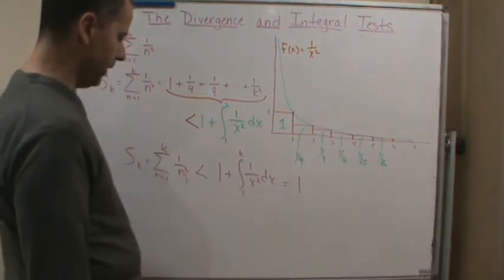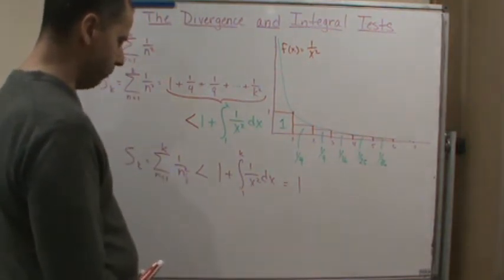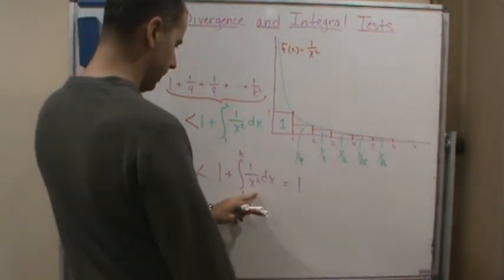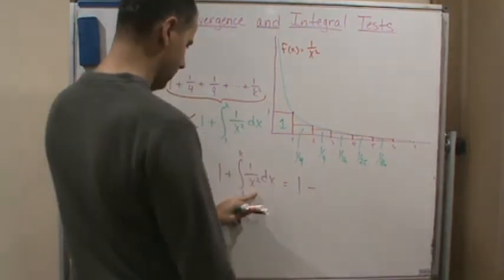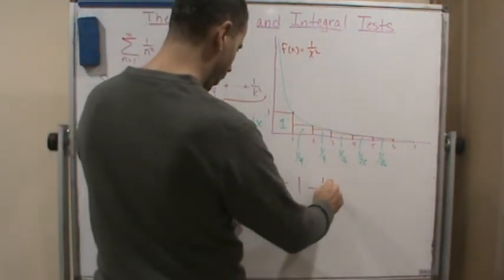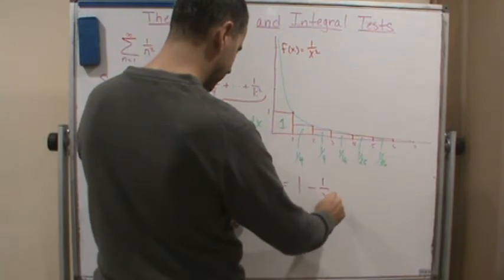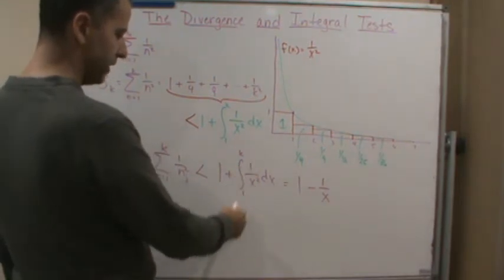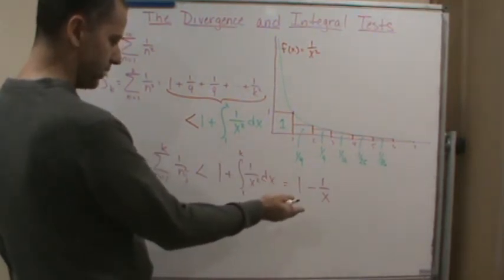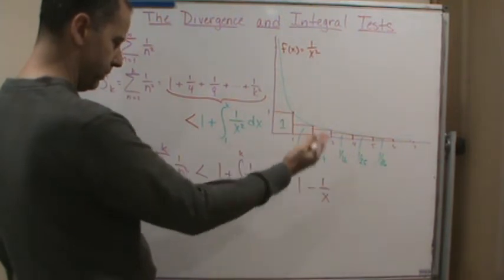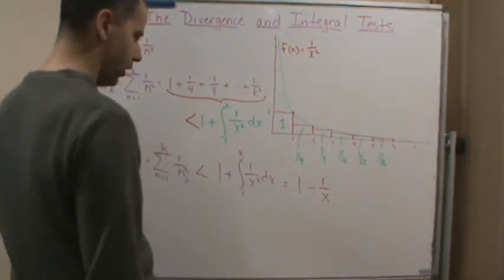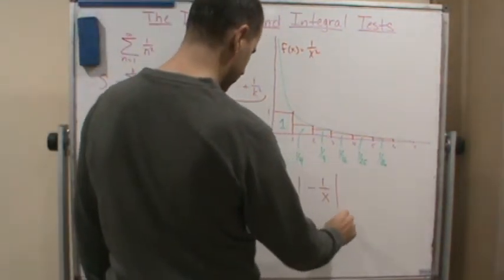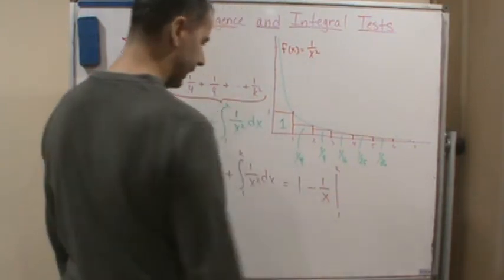Now the integral of this is going to be minus 1 over x, because this is x to the negative 2. You increase the power by 1, which brings it to negative 1, and divide by the new power, which changes the sign from positive to negative. Now you evaluate this from 1 to k.